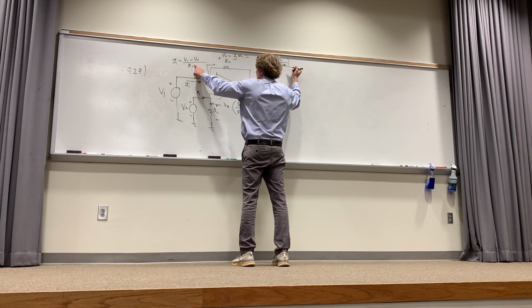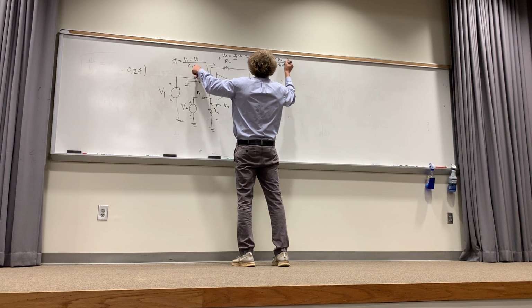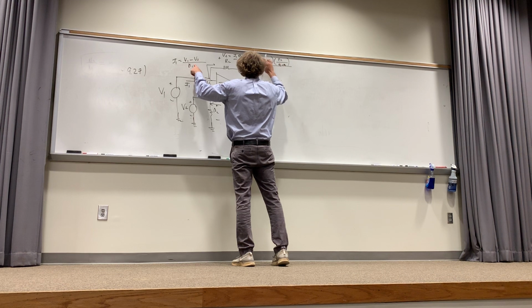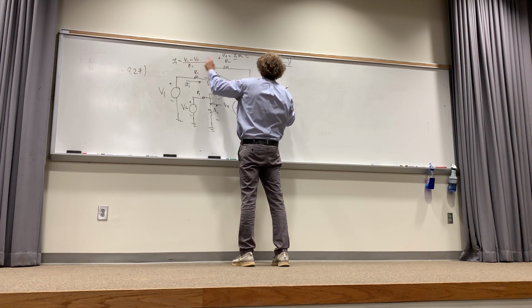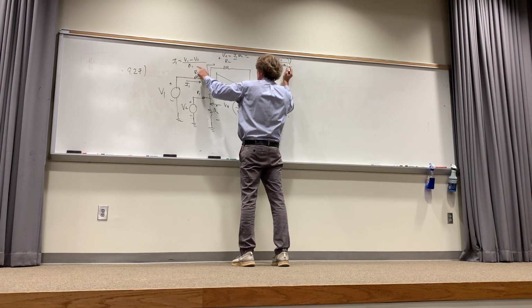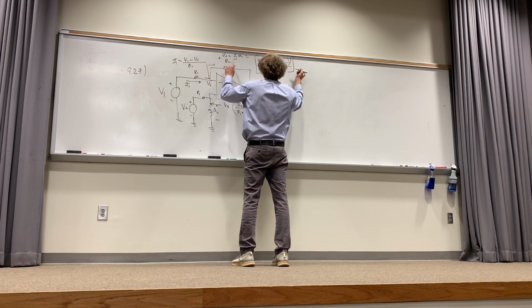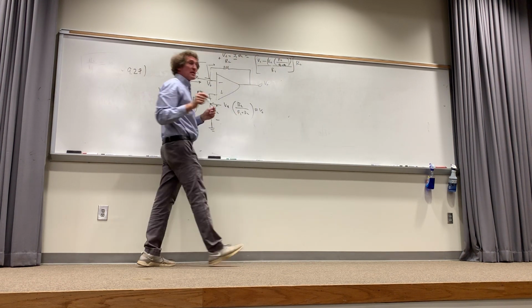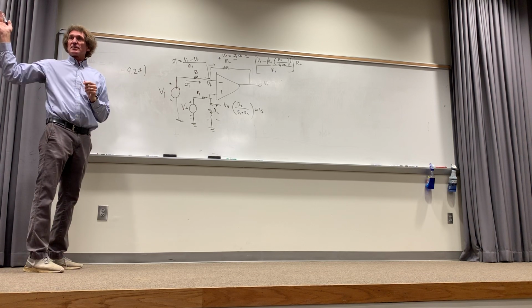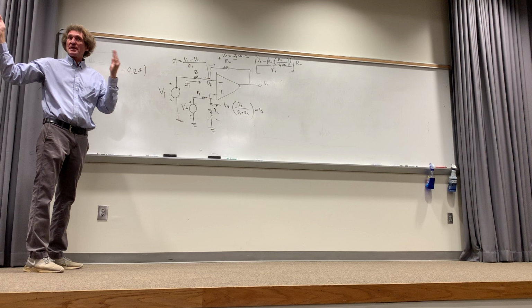I have that. I should do it this way. Oops, sorry. So V2 minus V plus, which is that, divided by R1 is the current. We take that and then we multiply it by R2. And now we have the voltage V2. Are you with me? How many see this right here? We're just going through the motions of finding the voltage, then the current, right?